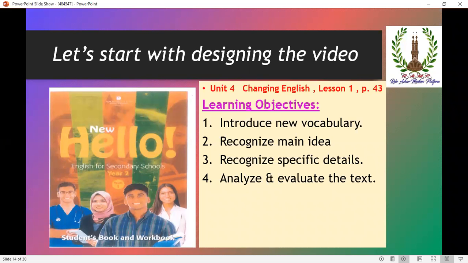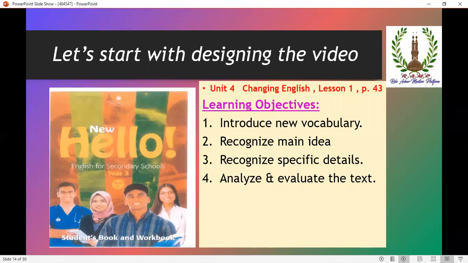You will introduce the vocabulary, and today I'm not going to speak about vocabulary, but simply, and maybe I will show you another video about this, you can include examples and pictures. And what is better is to also speak about the examples extracted from the reading text. This is about vocabulary. Of course, you will recognize the main idea, the low level of Bloom, specific details. Also, you can help students to analyze and evaluate the text.